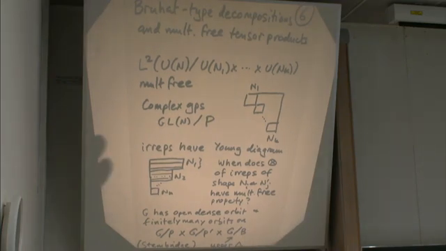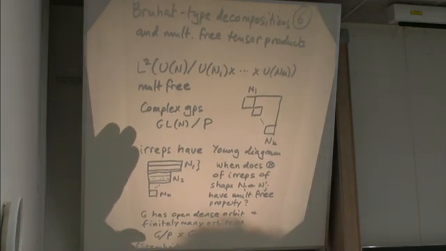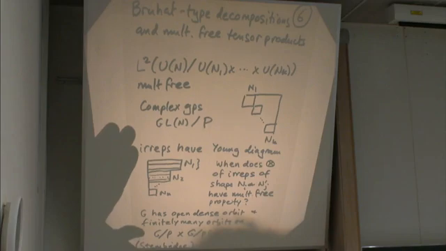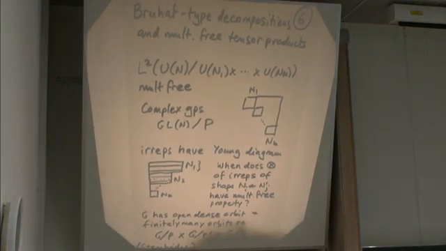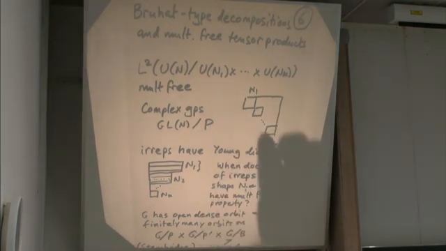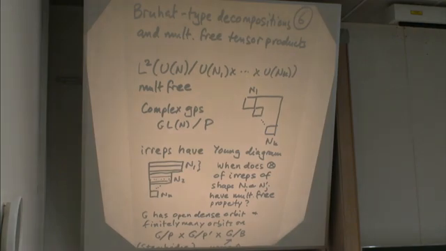So now, that is going to be related to something which will be important for us, a Brouillard-type decomposition, a multiplicity-free tensor product. So if you take UN modulo one of these subgroups, so just blocks down the diagonal, which contains the maximal torus, then you know that the homogeneous space by Frobenius reciprocity has multiplicity 1.